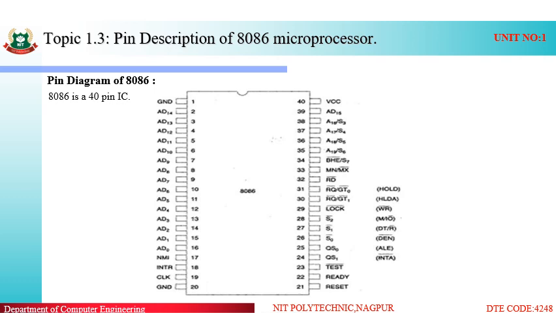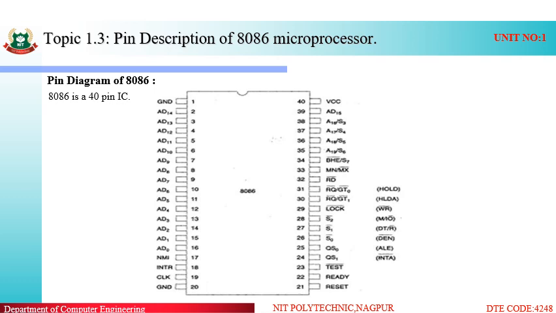So total pins are 40, and we have to study each and every pin of 8086 microprocessor, because each pin has its unique functionality. This is the most important topic of our 8086 microprocessor and of the first unit.